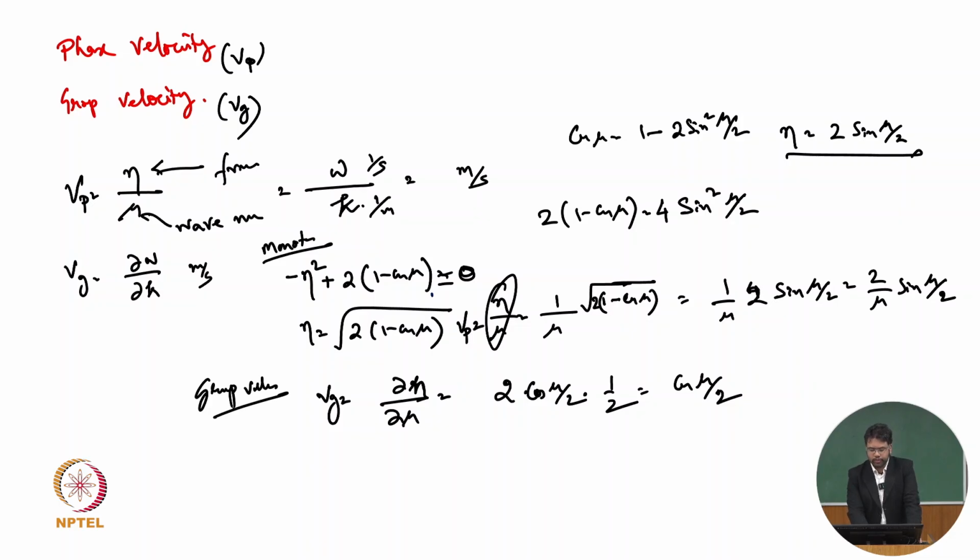So we got the group velocity and phase velocity. Now let's see how this happens when we plot it in terms of mu.